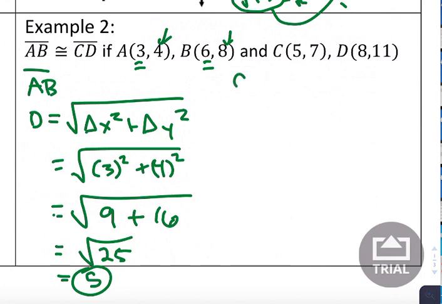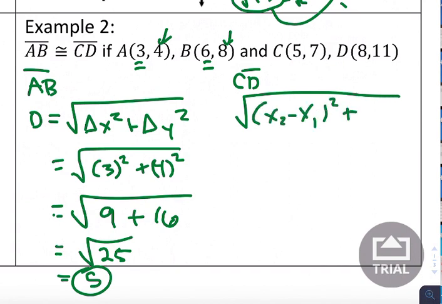For CD, let's go ahead and use maybe the long form of the distance formula. So this would be the x2 minus x1 squared plus y2 minus y1 squared. And so let's designate this point 1 and this point 2.